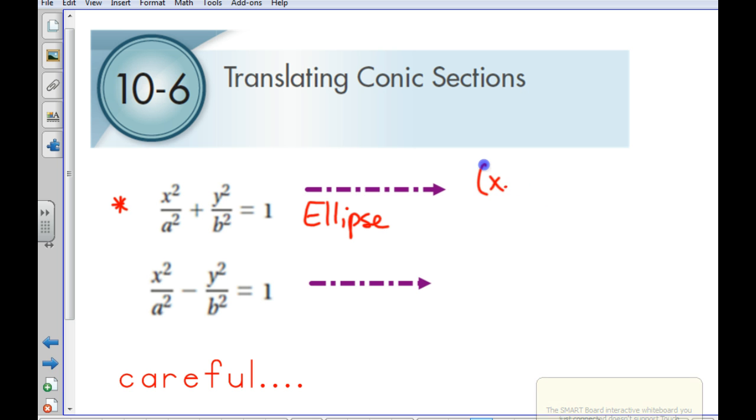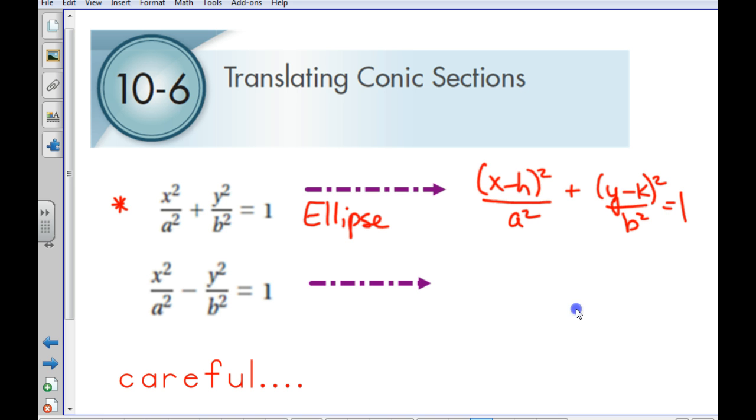Today we are going to have an ellipse whose form looks like this. Okay, doesn't seem that major, right? All that's happening is we are shifting left or right the center, okay?